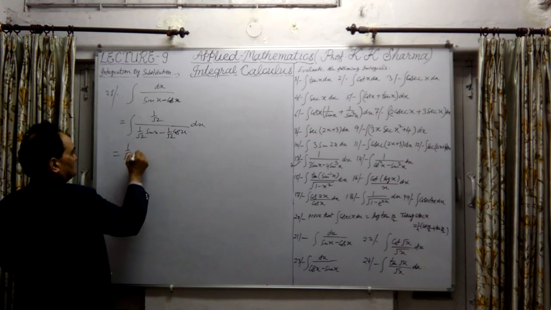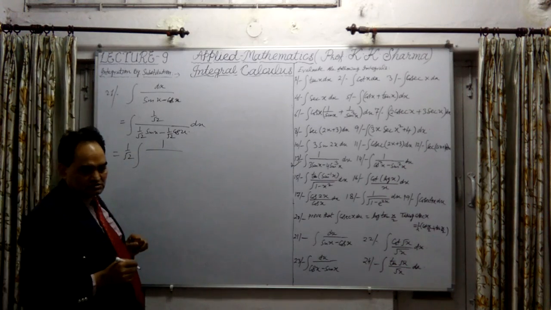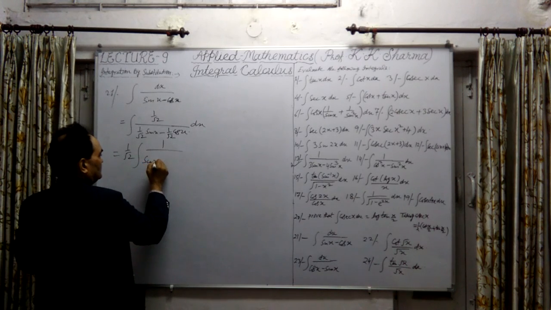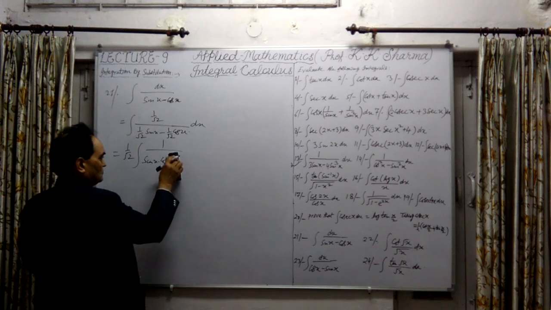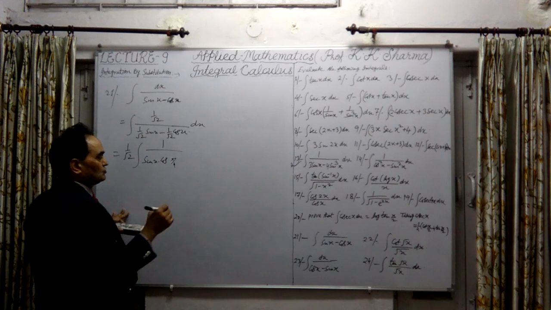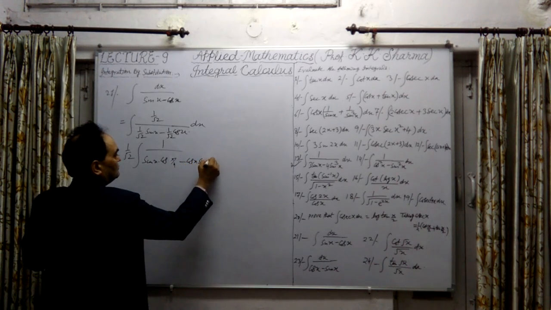Let me take out 1 upon root 2, and this 1 upon root 2 can be written as cos 45 degree, that is, sin x into cos pi by 4. Cos 45 degree is 1 upon root 2, and minus cos x into sin pi by 4.